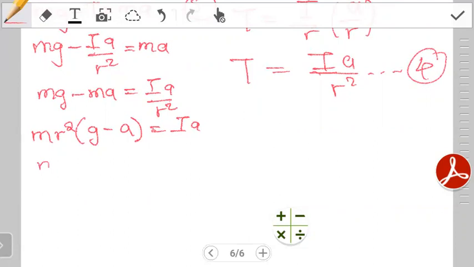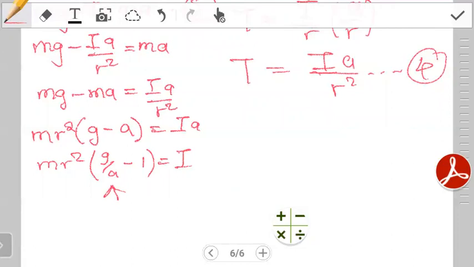Now you have m R squared, times g over a on this side, minus 1 on the other, and this is equal to the moment of inertia I. So basically from here, all you need is the acceleration, and you can easily work out the moment of inertia. Okay, so now the question is, how do you find this acceleration?